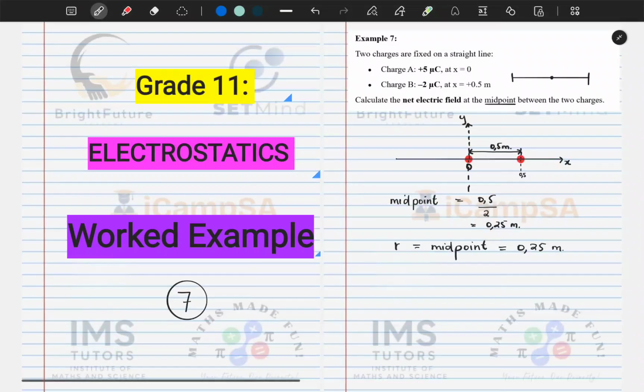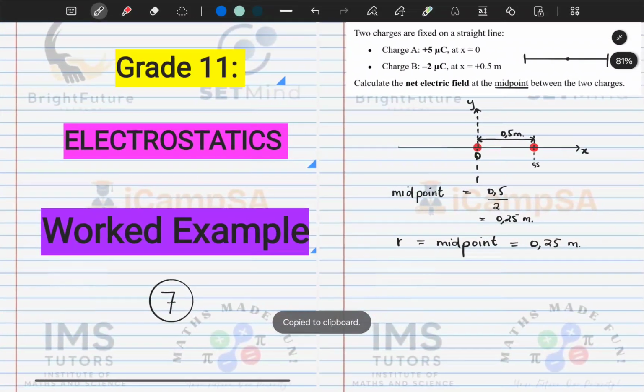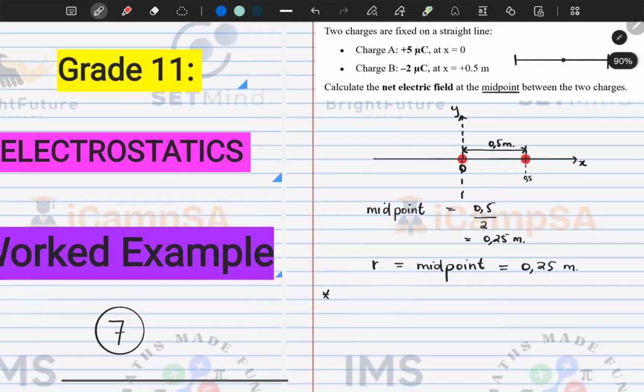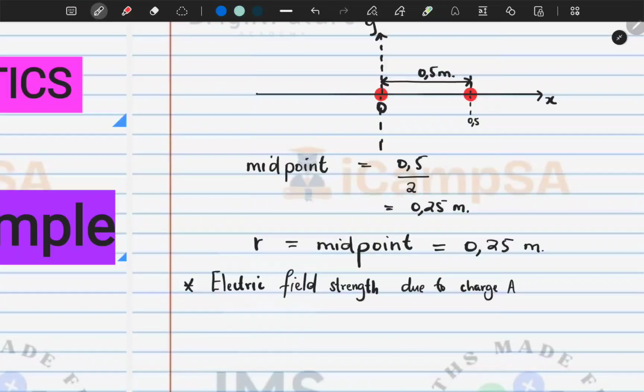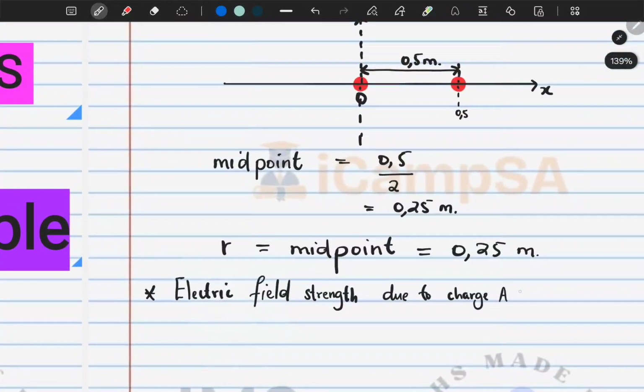Now what we want to do is find, firstly, the electric field due to charge A at that midpoint. So the electric field strength due to charge A at the midpoint, let's call it E1.